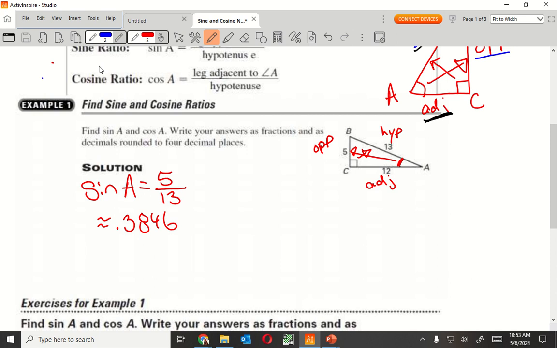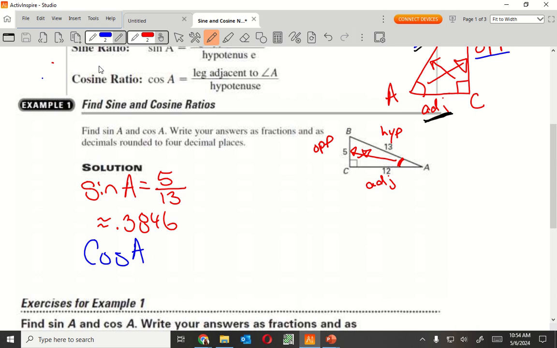Next one. Cosine. Okay, cosine of A. So I'm starting from A this time. And cosine is my adjacent over hypotenuse. Adjacent is going to be 12, and my hypotenuse is 13.